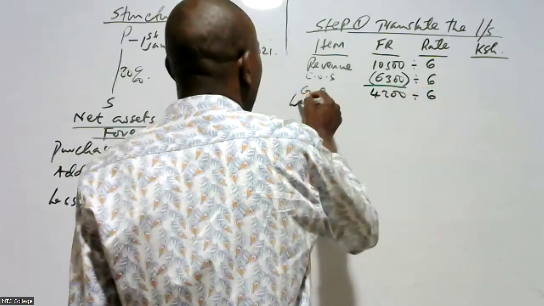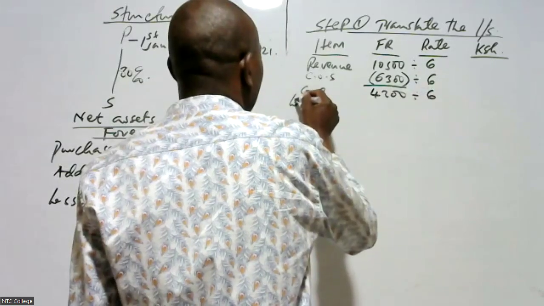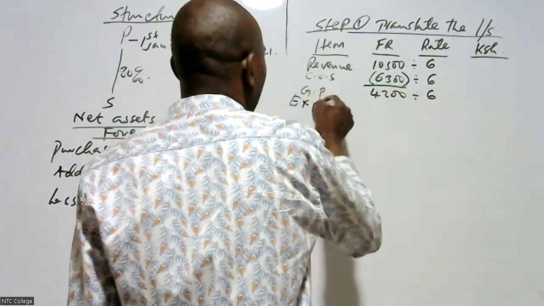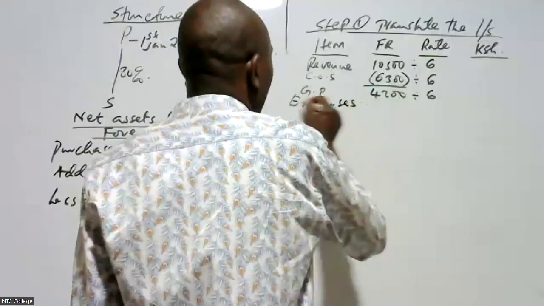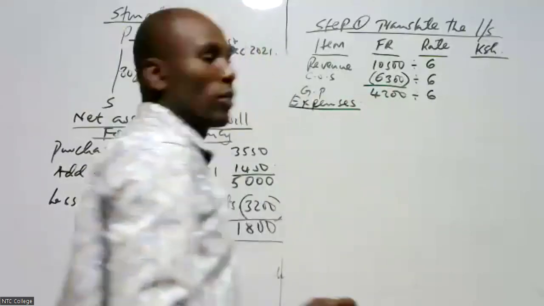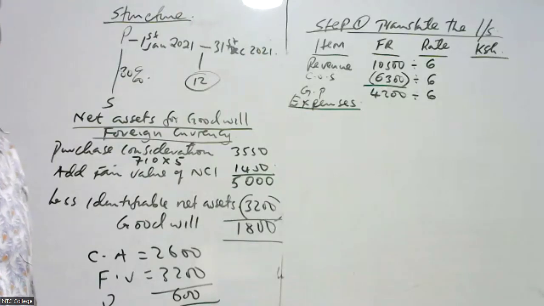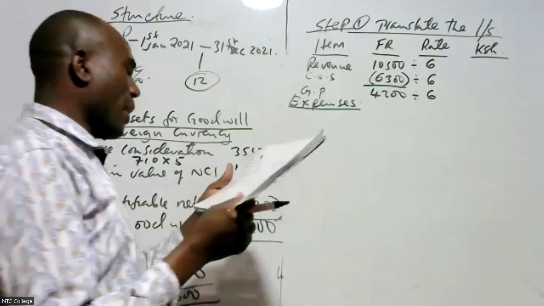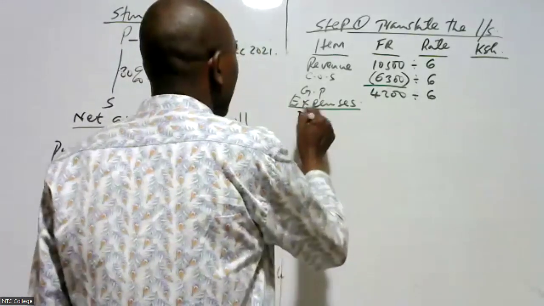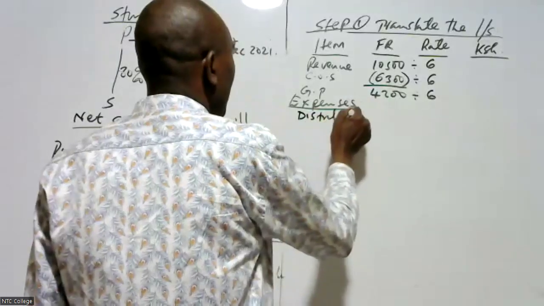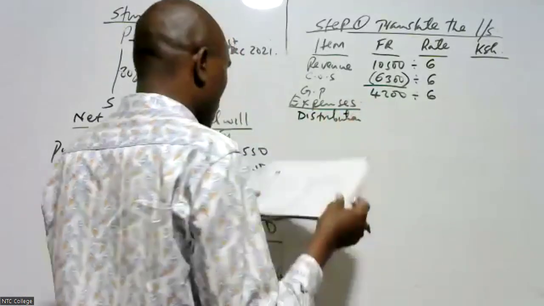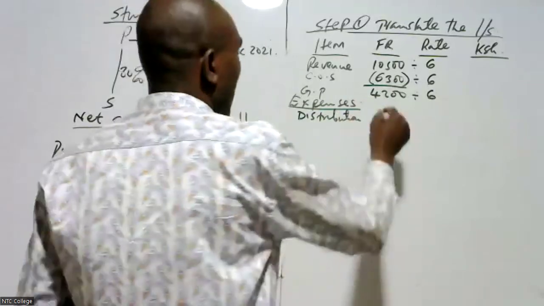I come to less expenses. My expenses, number one, is distribution. Distribution is 750.